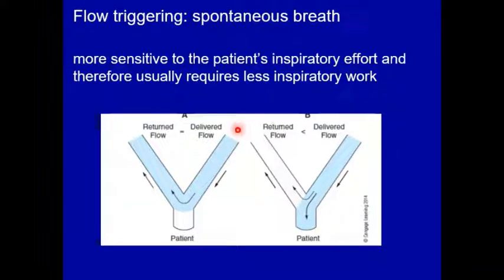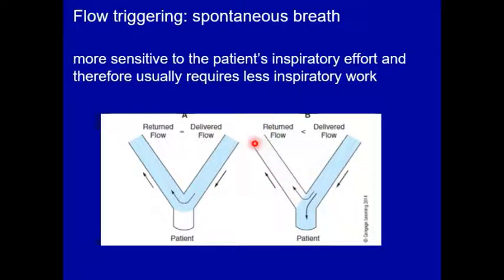In this diagram we can see the flow triggering mechanism. There will be a low flow of gas at the end of expiration. In most of the modern ventilators the flow triggering is seen. There will be a low flow of gas from the inspiratory limb to the expiratory limb circuit. Whenever the patient makes an inspiratory effort, some amount of this gas goes to the patient, and as a result the amount of gas going to the expiratory flow sensor is decreased.